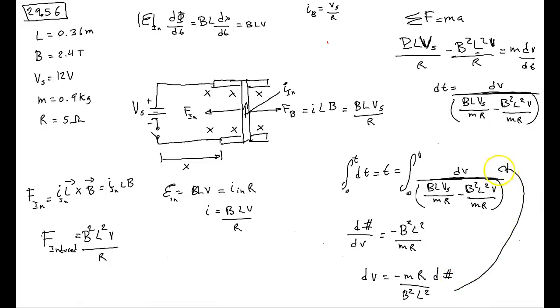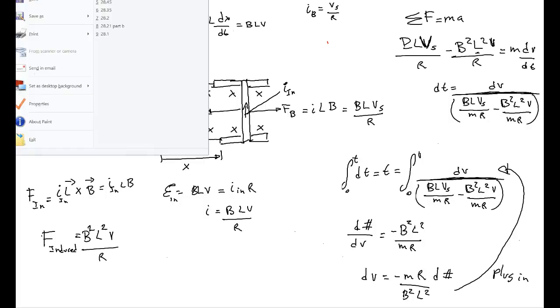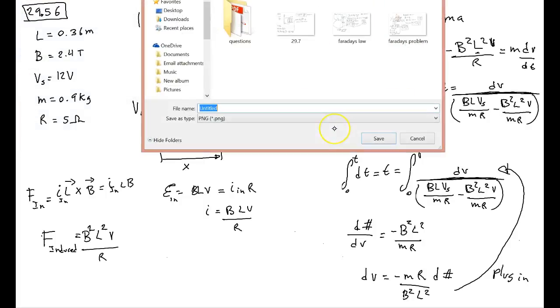So now we're integrating with respect to this, where over here we were integrating with respect to v. If our limit was v, if we plug that in right there, we just get B L epsilon over mR. And up top, we're going to get this whole thing.